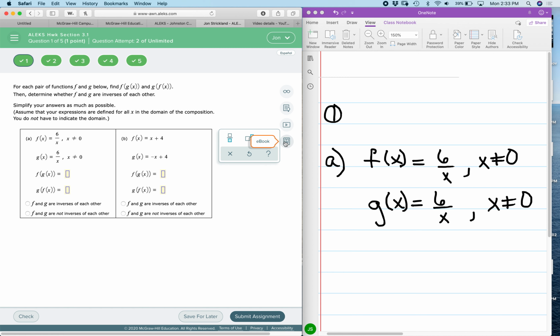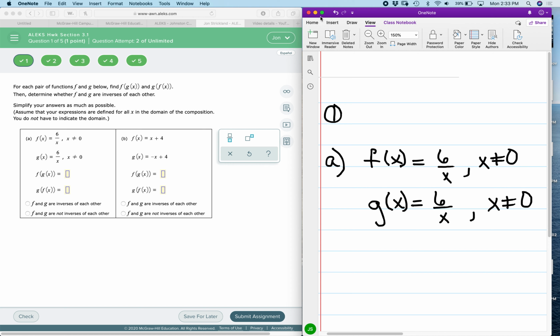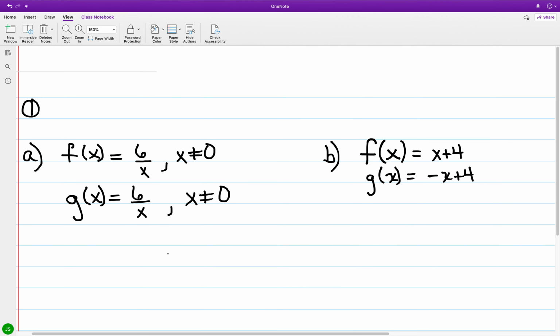And for the compositions, now taking f of g of x and g of f of x, we have, first of all, f of g of x. So you have g of x is equal to 6 over x, and like what we did with compositions, we're filling in for the input function, which had to be g of x, so you have 6 over x.